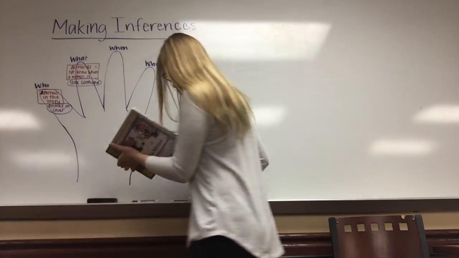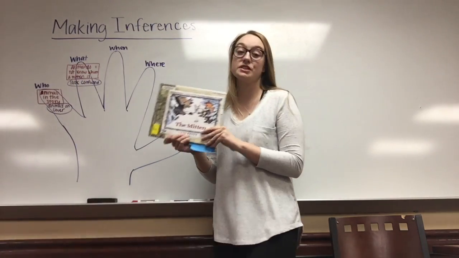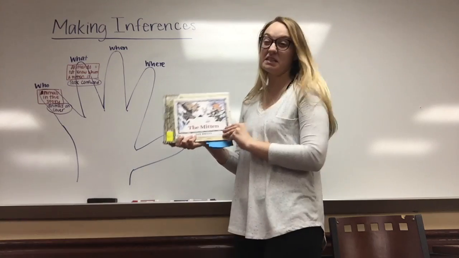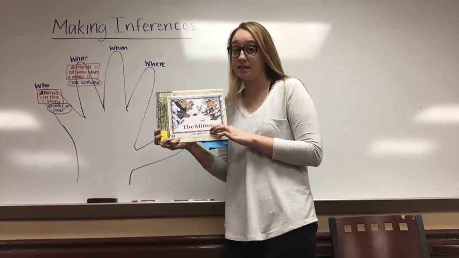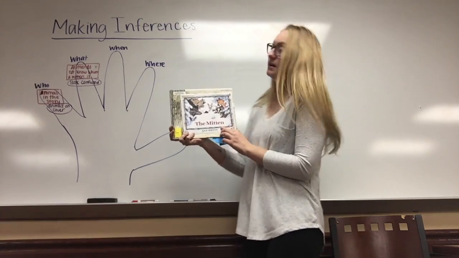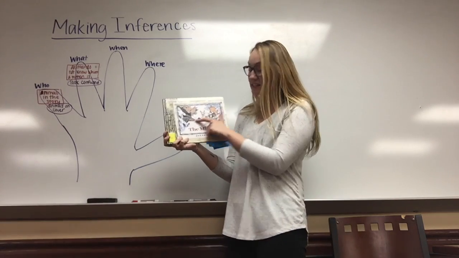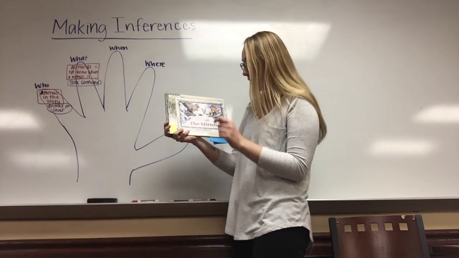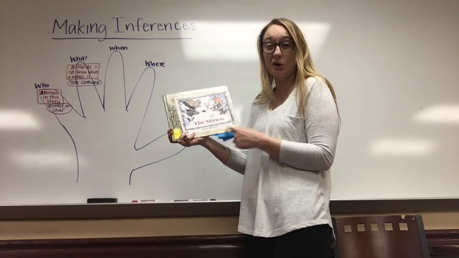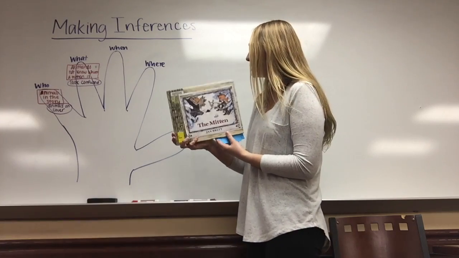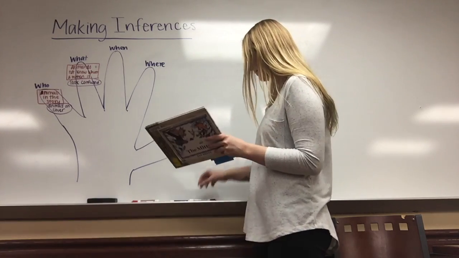Alright, and lastly, on our front cover, I'm going to infer that our story takes place in the winter time. Now, it doesn't tell me with the words that it takes place during the winter time, but I'm going to guess that because there is snow in our picture, and because our title is The Mitten, which is what we wear when it's cold outside, that our story takes place in the winter time.